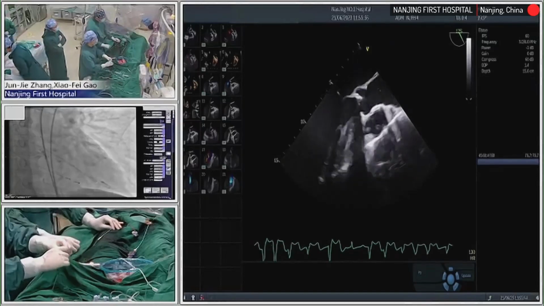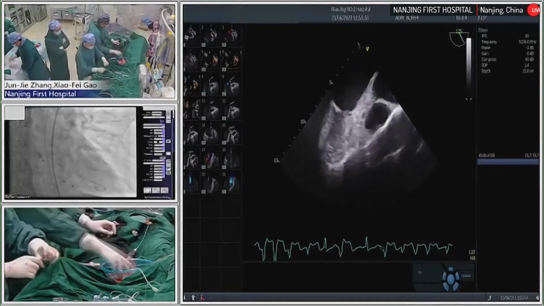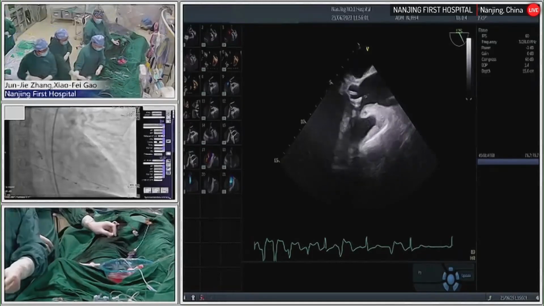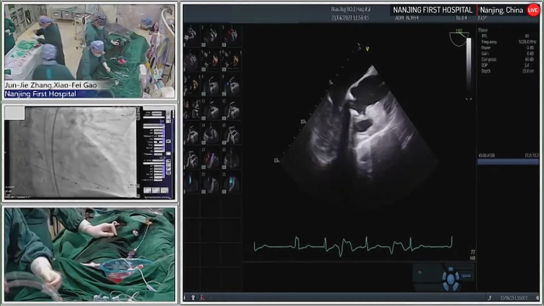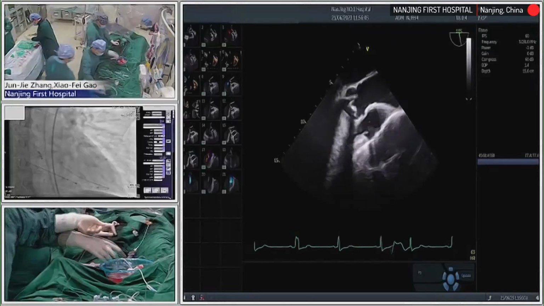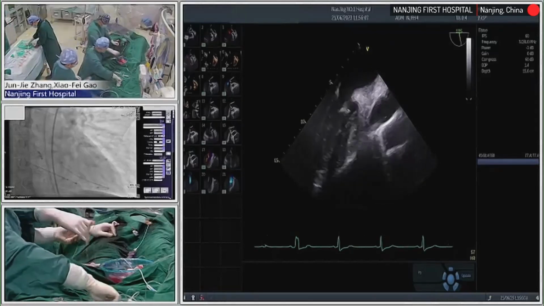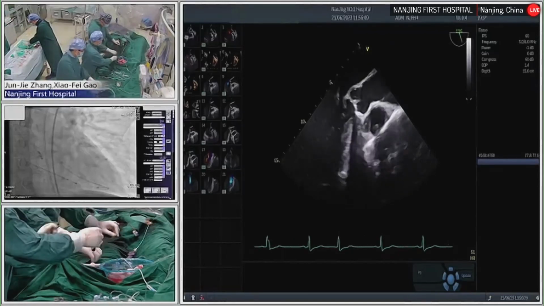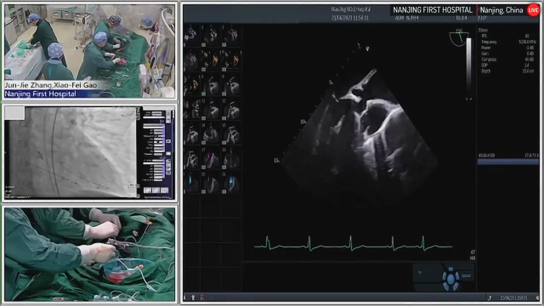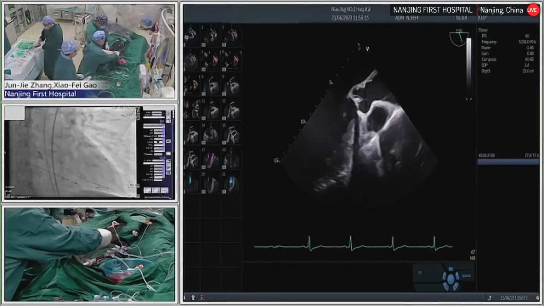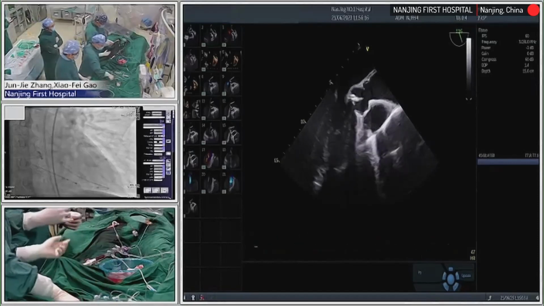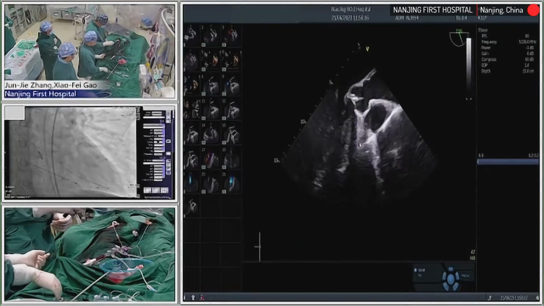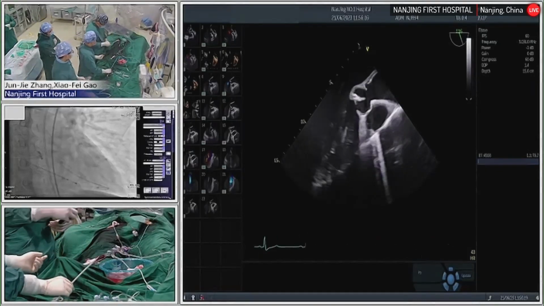Here is not in the apex. Now I think it is in the apex. What do you think? So at this time, I think echo imaging is quite important in guiding the wire position. Yes, we can see it is already in the apex. The RV cavity is very, very small.